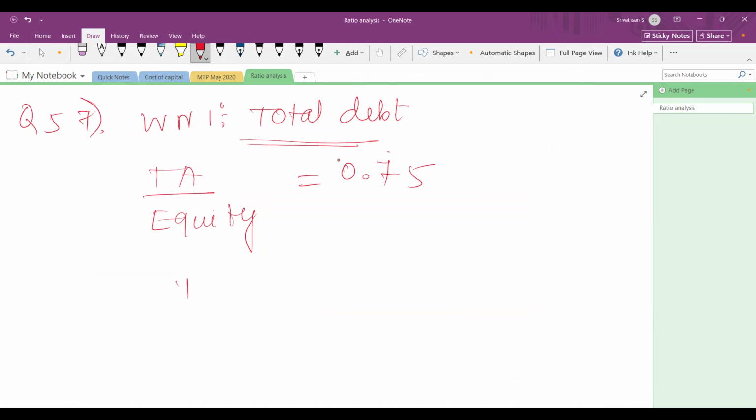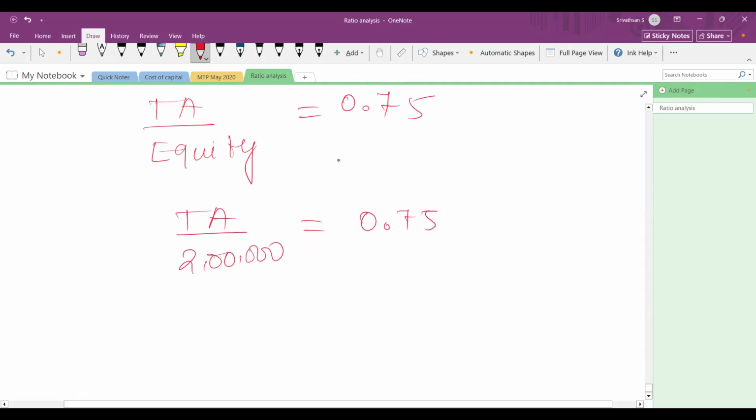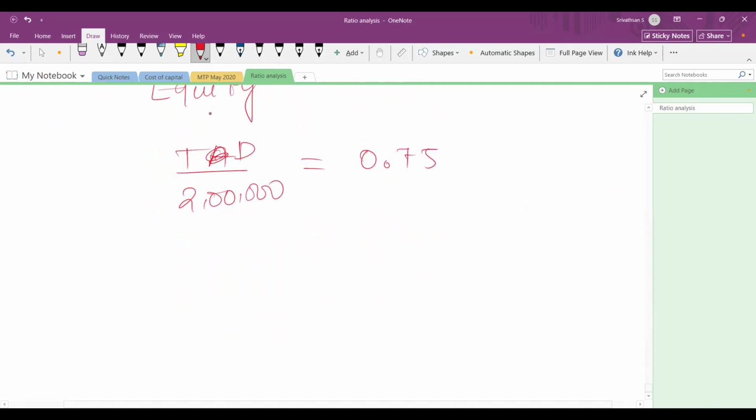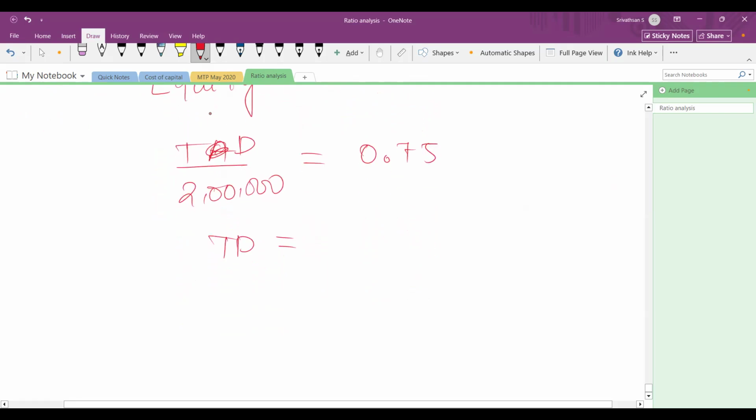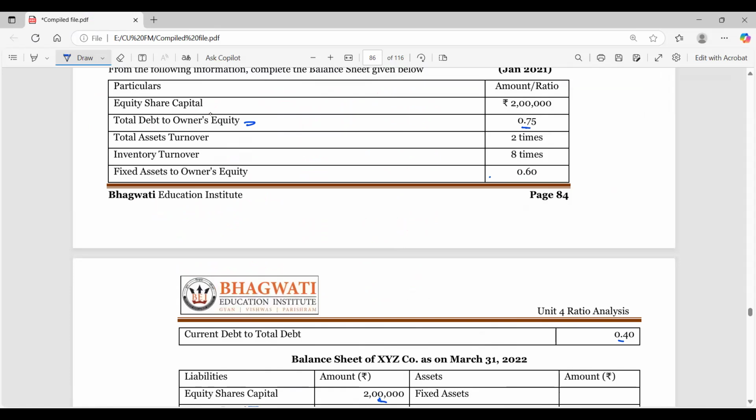So what is owner's equity in this question? 2 lakh, equal to 0.75. Sorry, not total asset, total liability. Sorry, total debt. Total debt is equal to how much? 1,50,000.